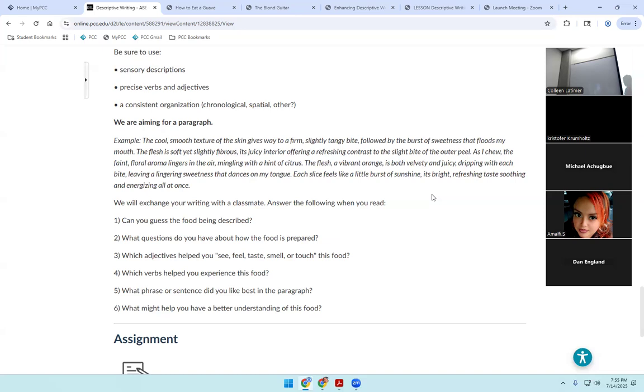So, right now, we're going to write a paragraph, like 4 or 5 sentences, not a huge paragraph. Make sure you've got descriptors in there, as much of the senses as we can, and some good precise verbs. And then we are going to trade these around to read. So let's take about 15 minutes to write.